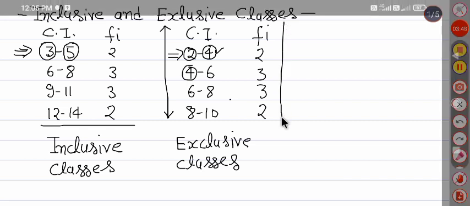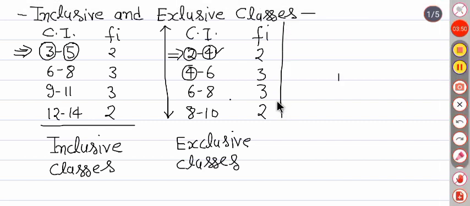Now the problem with inclusive class is that if you write 5.5, 8.5 and 11.5, so see that 5.5 is not here, also not here.